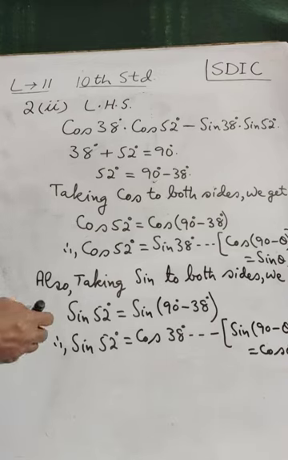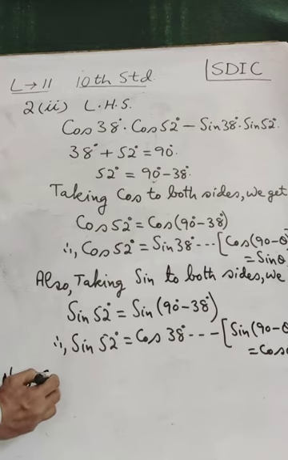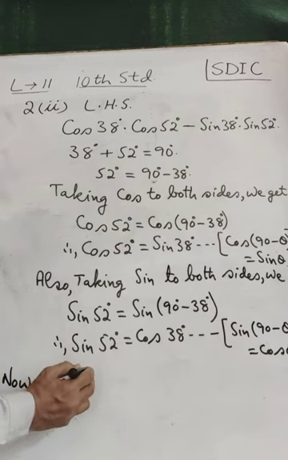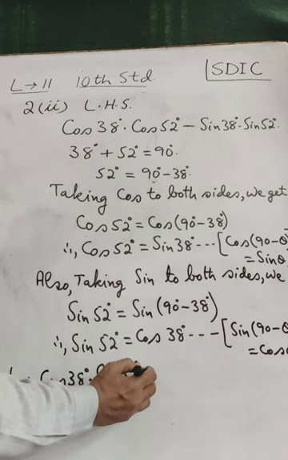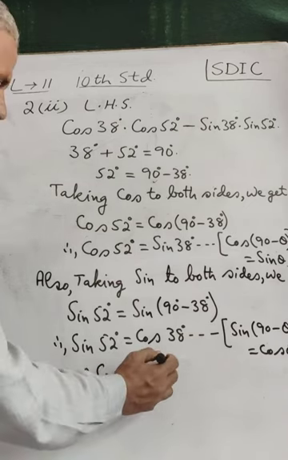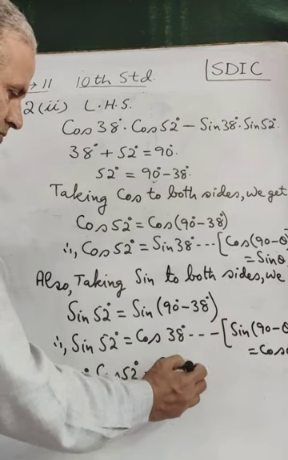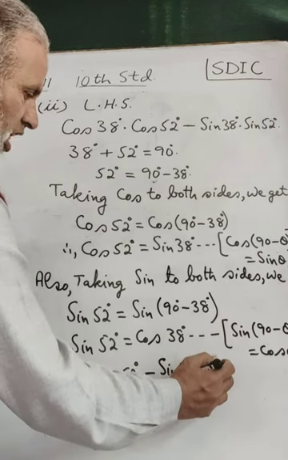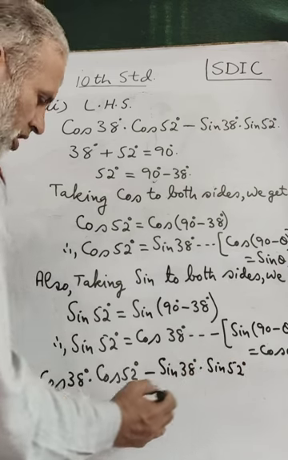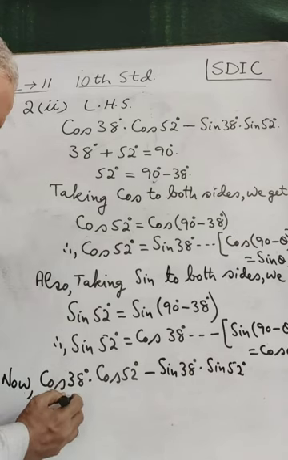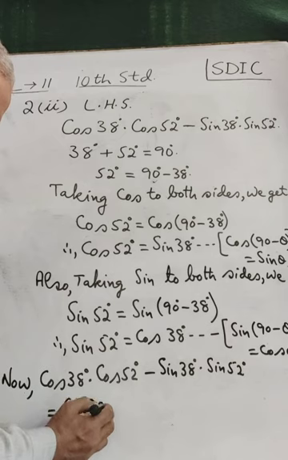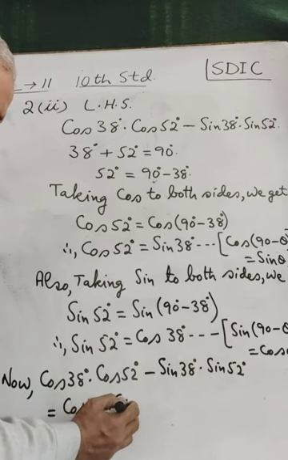So this will be cos 38 degrees multiplied by cos 52 degrees minus sine 38 degrees multiplied by sine 52 degrees is equal to. Now for cos 52, write sine 38. It will be cos 38 degrees multiplied by sine 38 degrees.